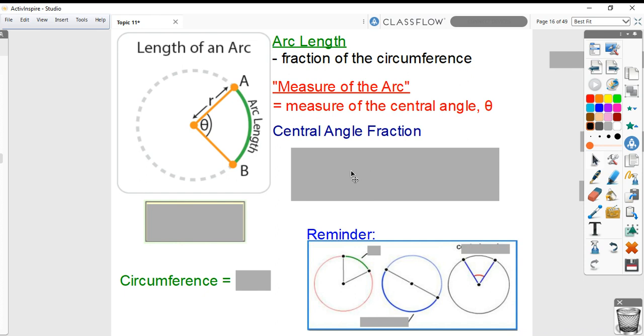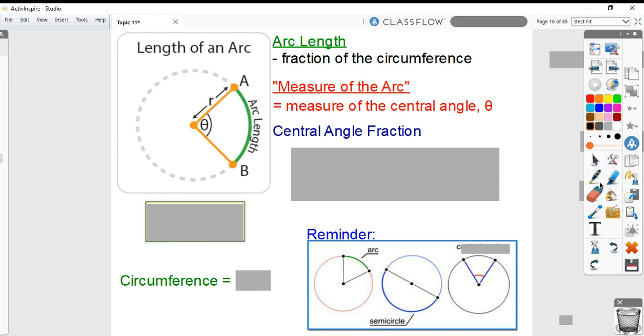So the next thing that you're going to be putting on your page, I want you to go ahead and fill in these reminder spots. The thing that's highlighted in this first little picture, that is an arc. The thing that's highlighted right here, that is a semicircle. It is half of a circle, so you could also call it a semicircle.